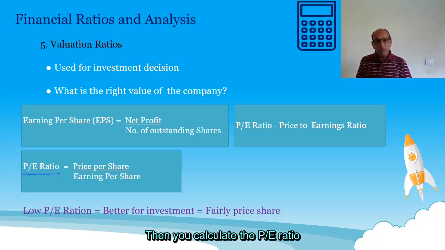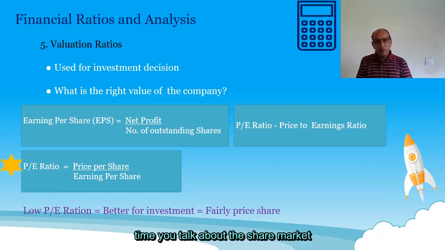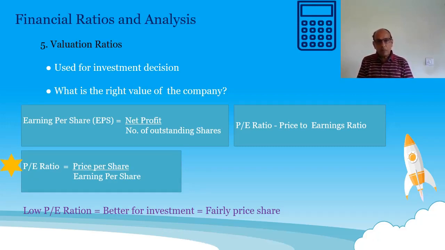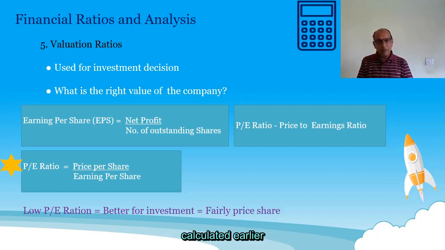Then you calculate the PE ratio, which is a very popular term, and let me star mark it. PE ratio is so popular that you will hear about it every time you talk about the share market. So to calculate PE ratio, we divide current market value per share by earnings per share, calculated earlier.